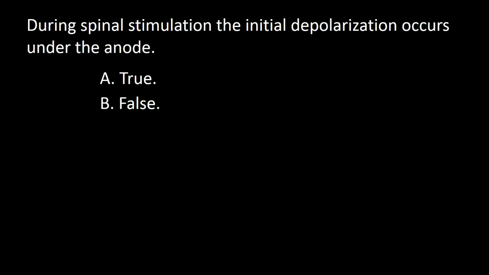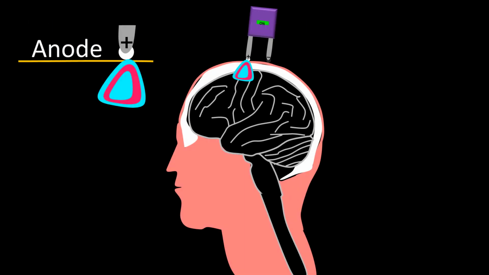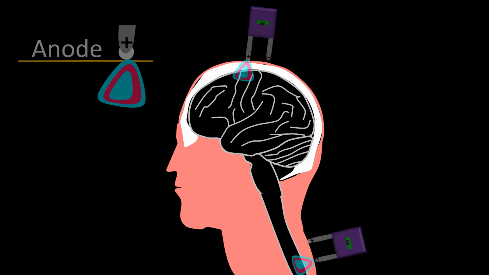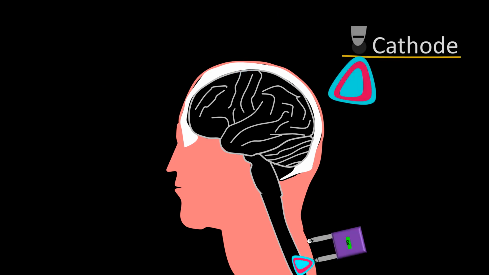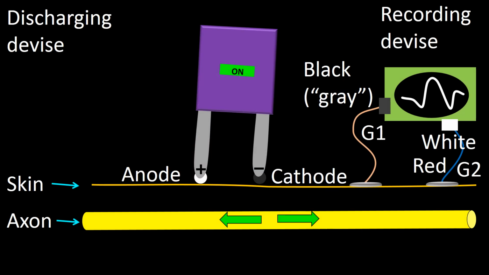Next question. During a spinal stimulation, the initial depolarization occurs under the anode. A true, B false. With cortical stimulation, depolarization occurs under the anode. With a spinal stimulation, depolarization occurs under the cathode. I hope that you remember this figure from a prior video.